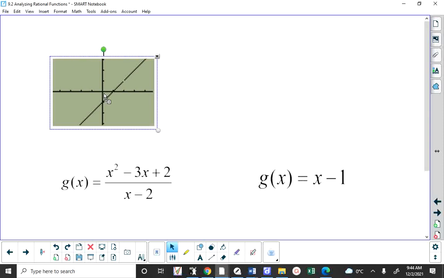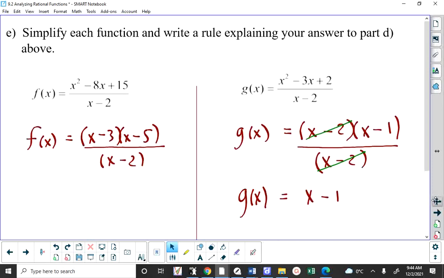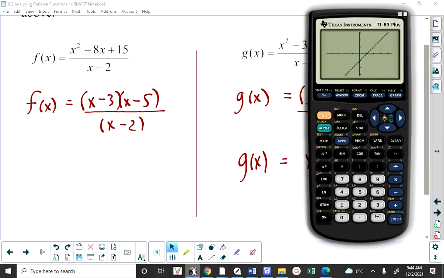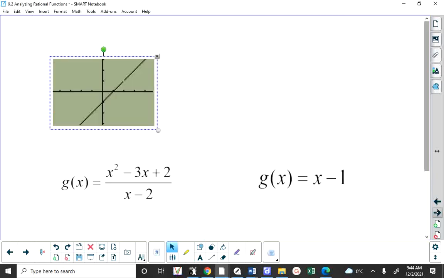Look at it. It's a line, but it's got a hole in it. If I think that g of x simplifies to x minus 1, and if in fact it does, then when I graph x minus 1, I have to get this exact same picture because that's g of x. And I don't.